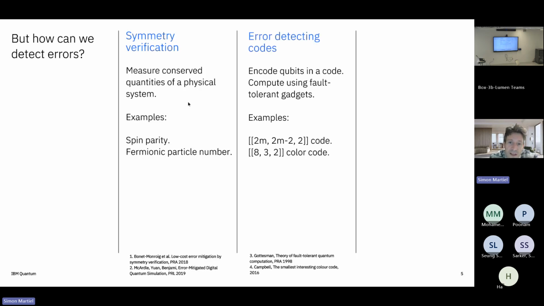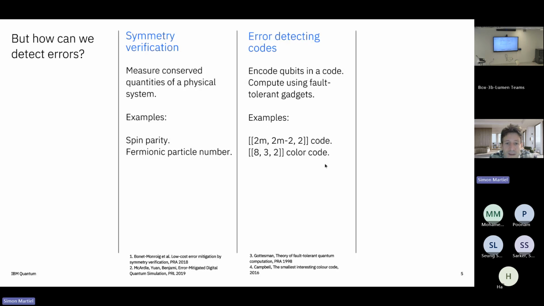You can use error detecting codes. Those are distance 2 codes that do not allow you to correct errors, because those codes can't correct any error, but they let you detect weight 1 errors or some broader set of errors. You can use those to encode your qubits and then detect errors via the same thing you do in a quantum error correction code, where you measure syndromes, detect errors, and throw away any runs that contain errors.